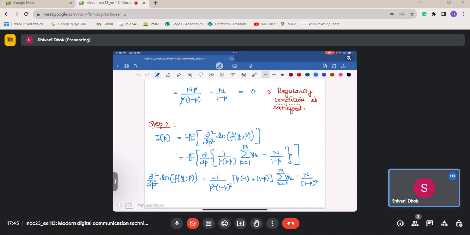So this remains as it is. So now this minus 1 remains as it is. This is basically 1 minus 2P.